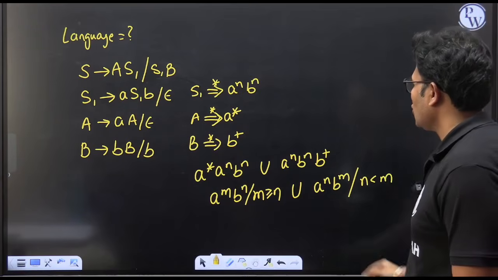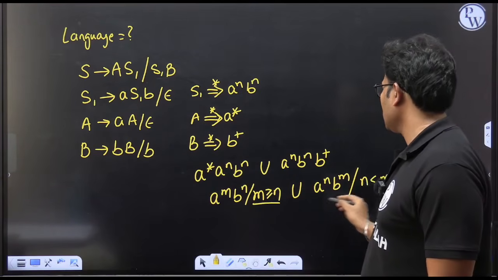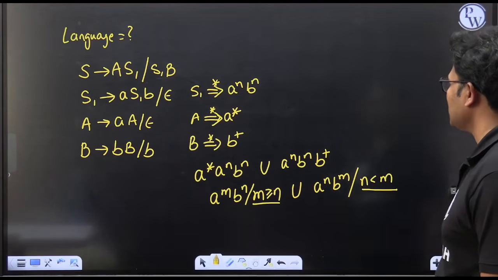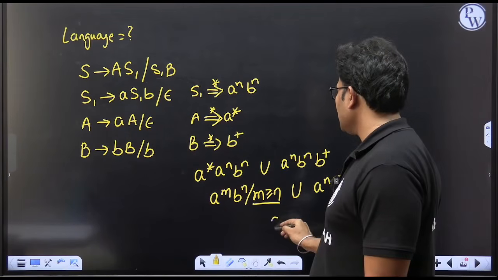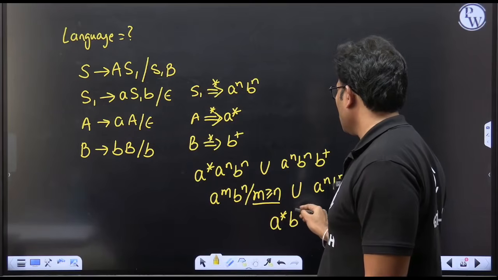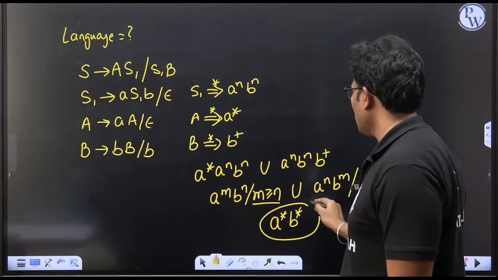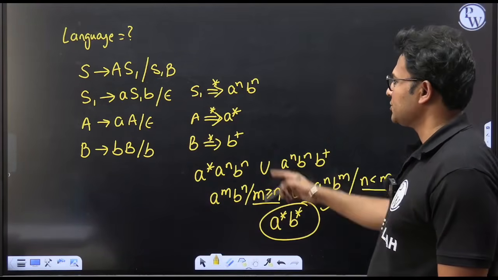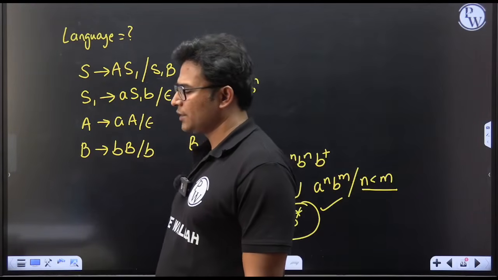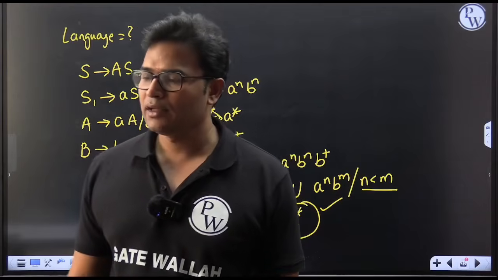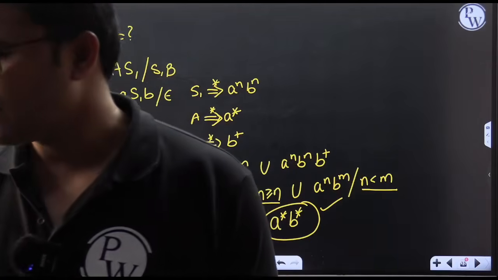So m is greater than or equal to n and n is less than m, which means it is covering everything. All these strings of the form a star b star will be covered. Therefore, a star b star is the language generated by this grammar.